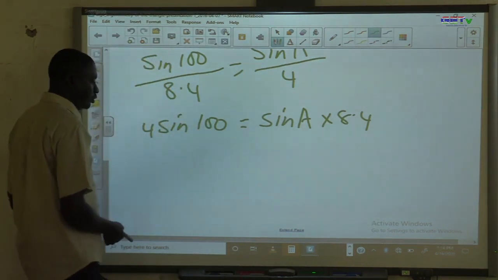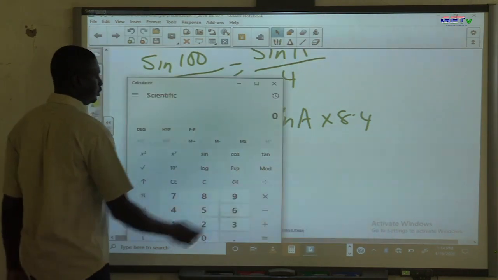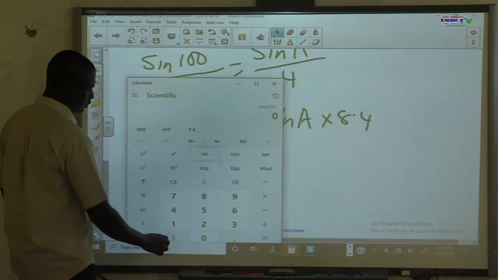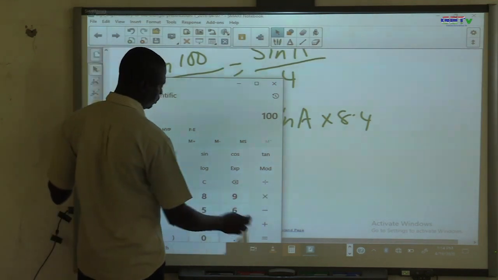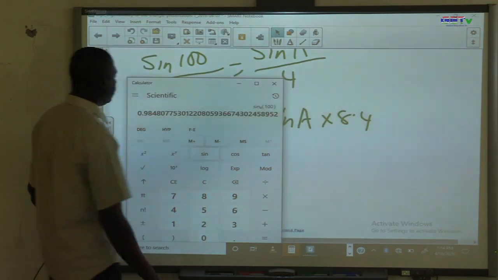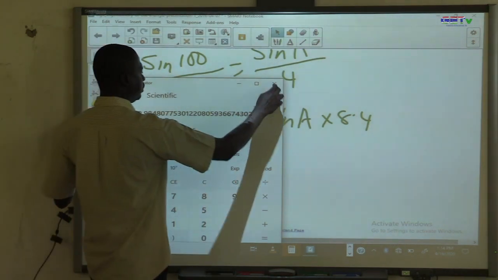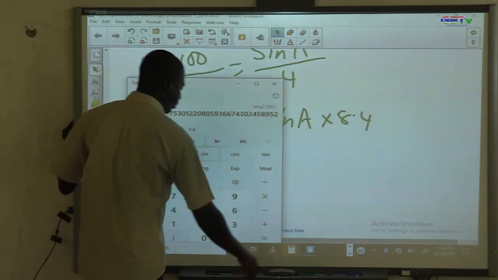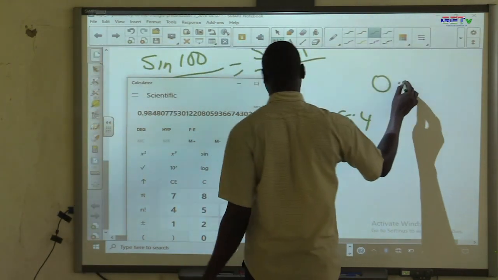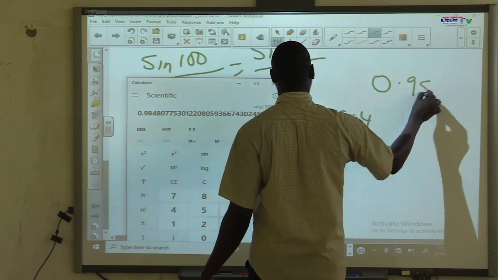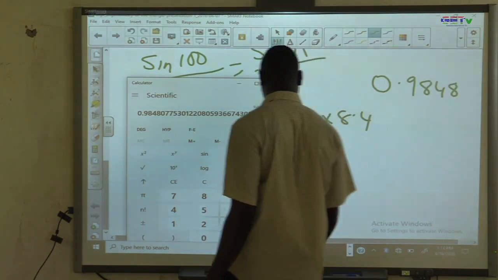Sine 100 will give us the value of 0.9848.